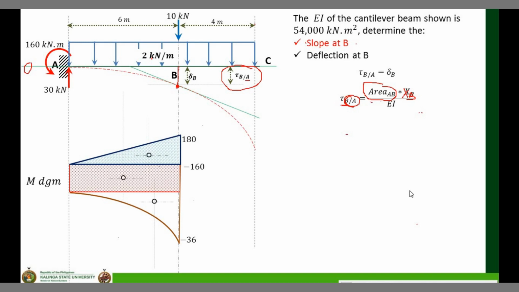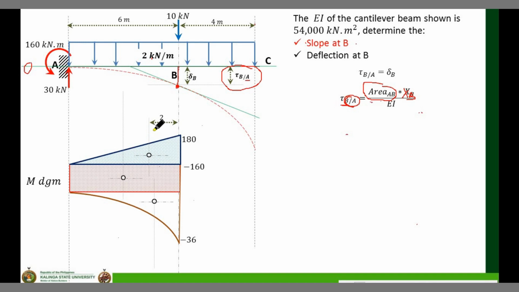And if I'm going to draw the centroids for each figure in the moment diagram, the distance of the centroid of the triangle to point B is 2. How did I get this 2? Again, from geometry, the centroid of a triangle is 1/3 of the base.